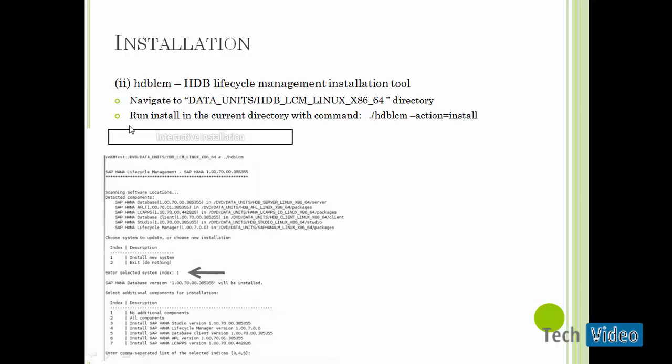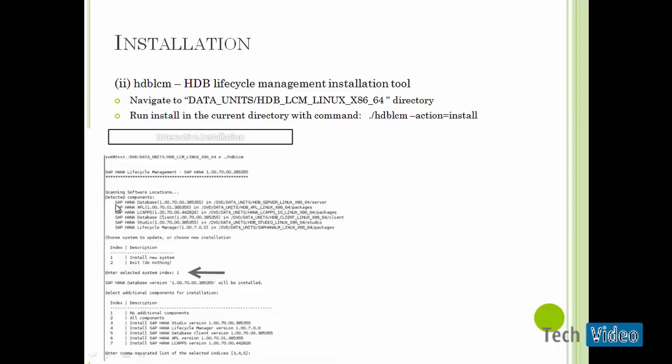Then the interactive installation starts, or you can just mention ./hdblcm and then continue with the installation from there. Just issue hdblcm with the / option and it will show you the same picture as shown below.